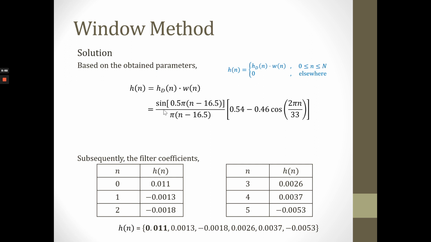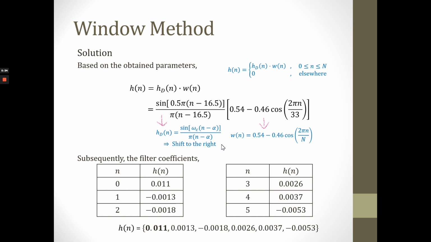So hd(n) is equal to this equation, sine omega c times (n minus alpha), based on the shifted to the right rule, divided by pi times (n minus alpha), while the window function w(n) is based on this equation from the Hamming window, 0.54 minus 0.46 cos 2 pi n divided by N.